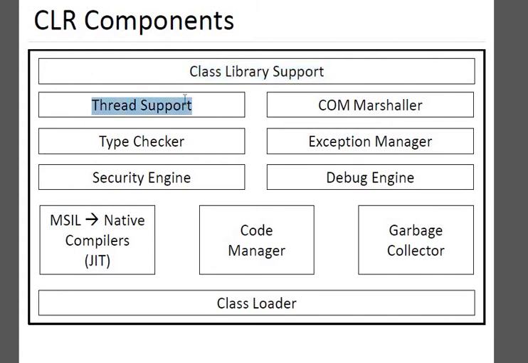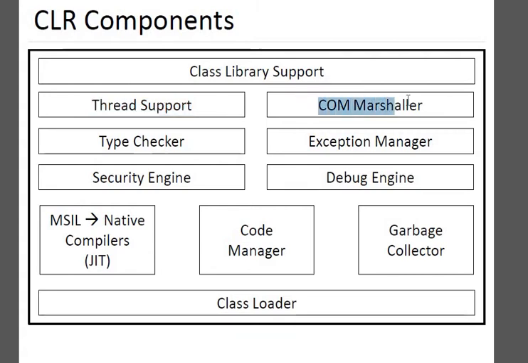Then after, the next thing is thread support. The CLR provides thread support for managing the parallel execution of multiple threads. Its namespace is System.Threading, and the System.Threading class is used as the base class for this.